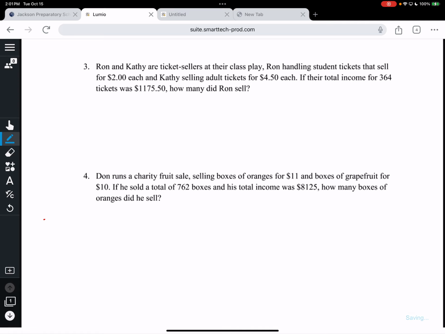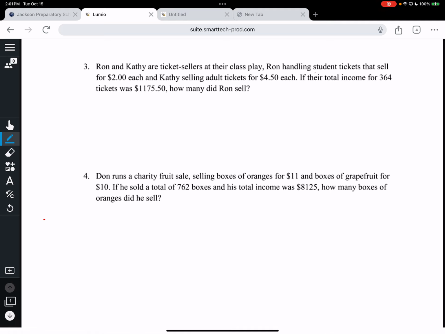You can put an x by Ron's name and a y by Kathy's name. If you don't use the real world variables, I would go in the writing part and assign the variables, otherwise you'll get confused on which one's what.